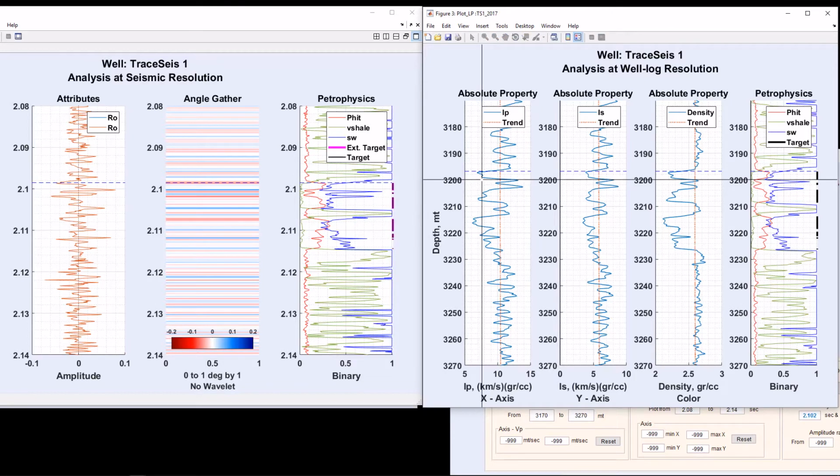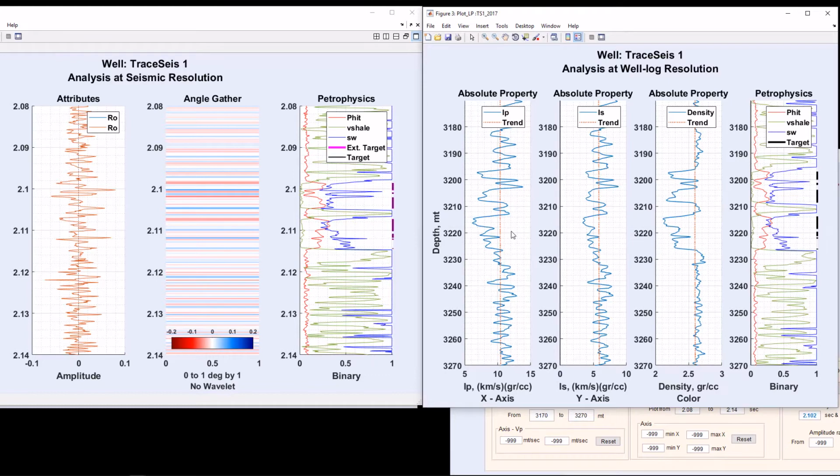We're going to take the next point, which is an increase in acoustic impedance, which goes to a positive reflection coefficient, or blue color. Let's take one more point down in here. This is a decrease in acoustic impedance, which goes to a red.